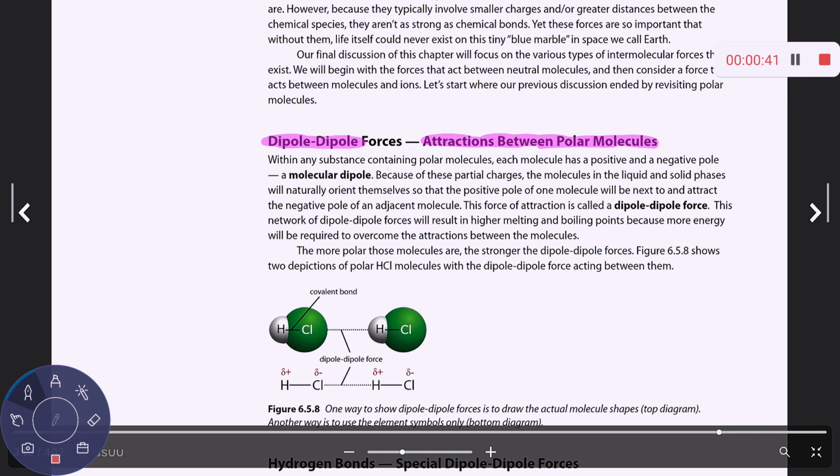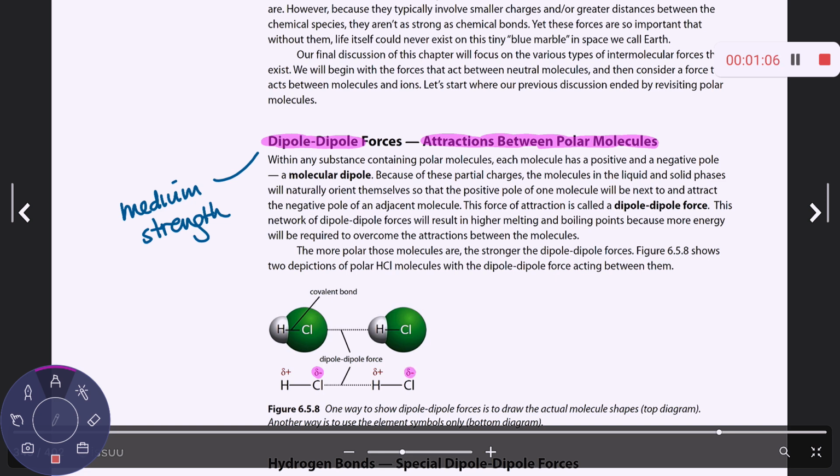Dipole-dipole forces are medium in strength, generally speaking. So if you've got an HCl molecule next to another HCl molecule, you know that chlorine has the partial negative on it because it is drawing the electrons to itself, because it is more electronegative than hydrogen.